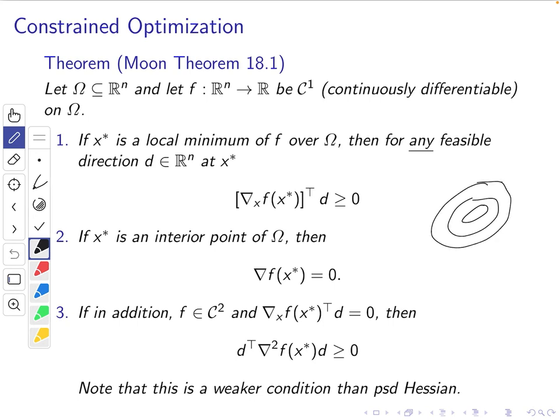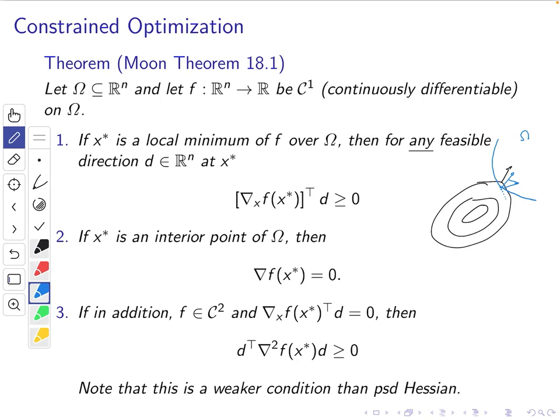The gradient goes out, and if we have some kind of constraint, so let's say our constraint set goes like this, so this is omega, then the local minimum would be at this point, the gradient would point like that, and of course for any feasible direction D, we have to have a positive inner product. Feasible directions that go like that would give you a negative inner product.